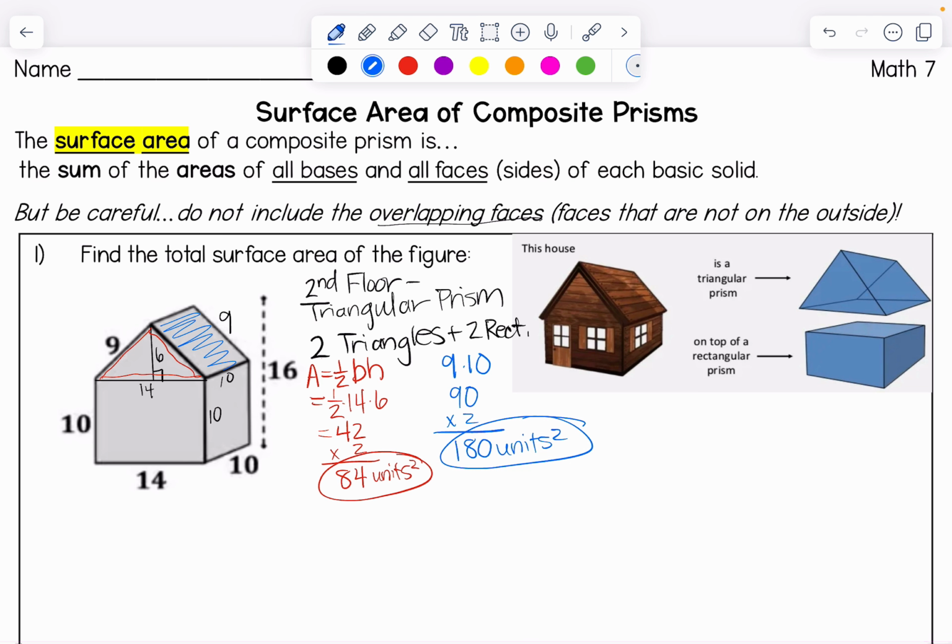Now we're looking at the first floor, and the first floor is the rectangular prism. First let's look at the front and the back of the rectangular prism.